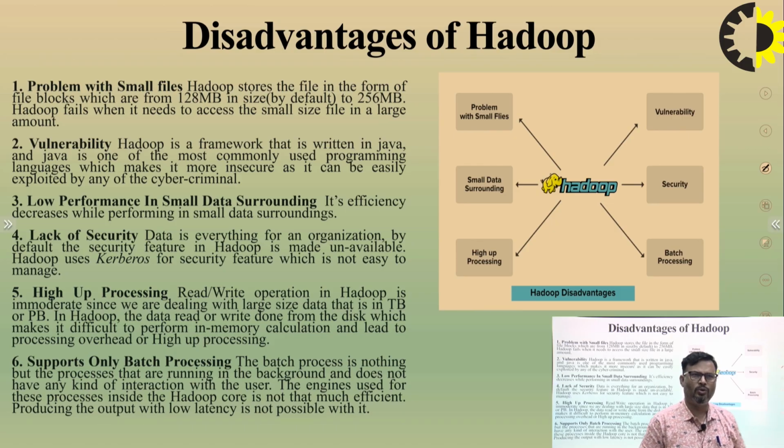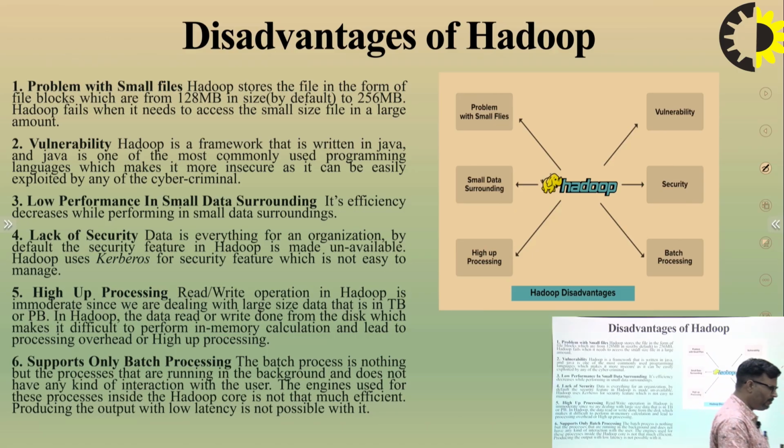Hadoop stores files in the form of file blocks, which are 128 MB in size by default, up to 256 MB. Hadoop fails when it needs to access small files in large amounts. Okay. Next thing, vulnerability.